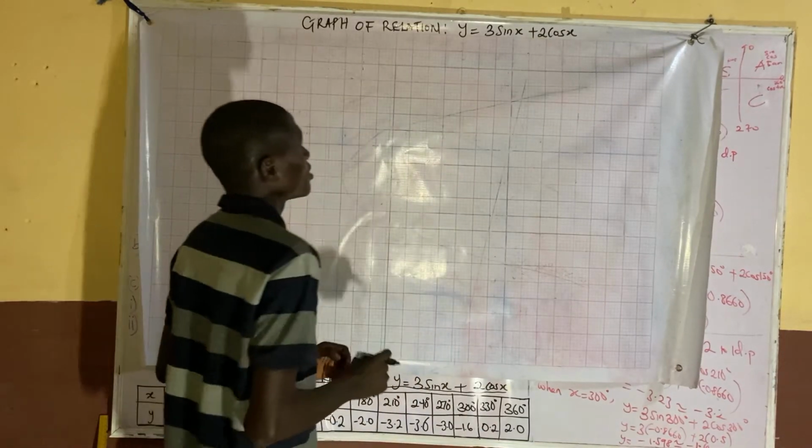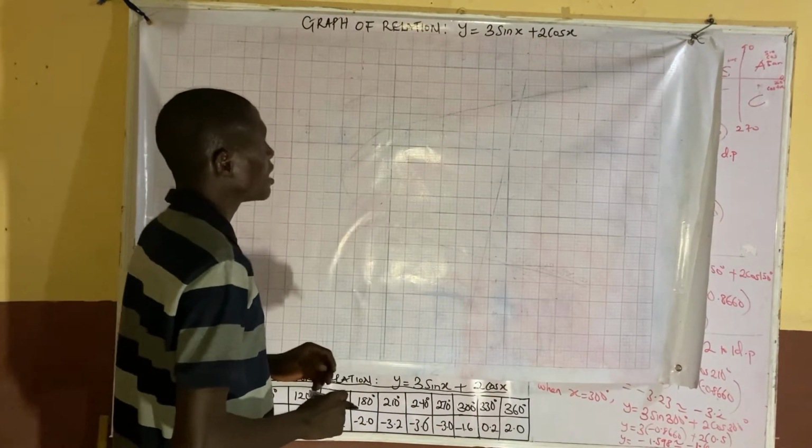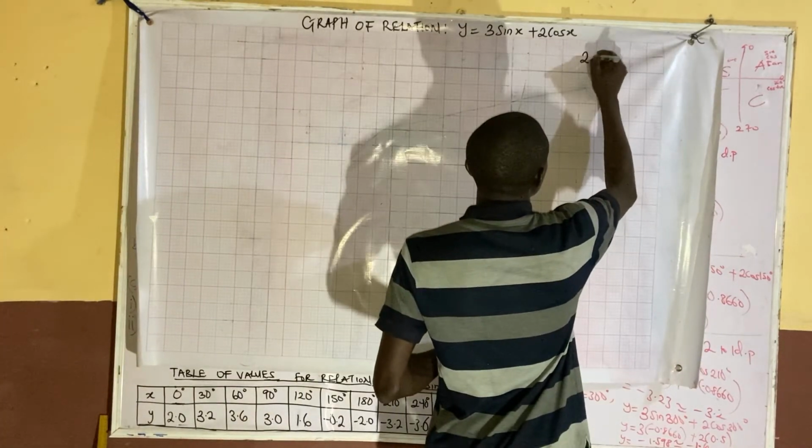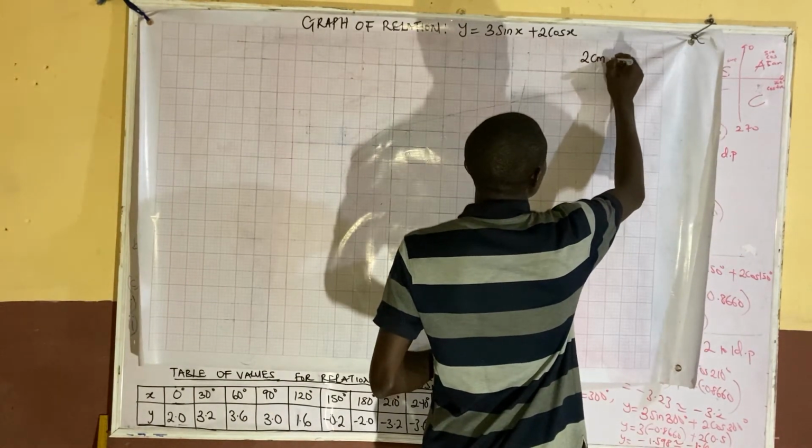So this is the title of the graph. Then the next thing is to write the scale. The scale is 2 centimeters to what?